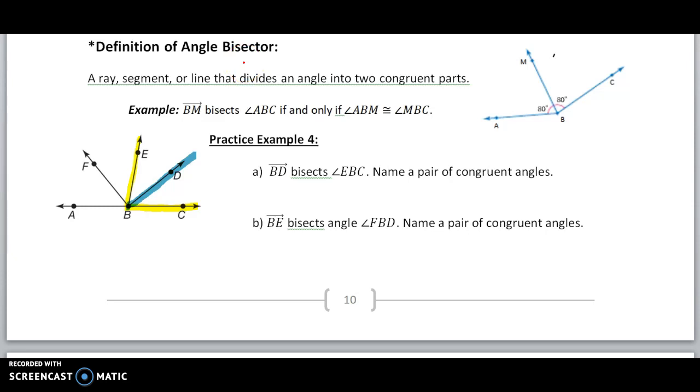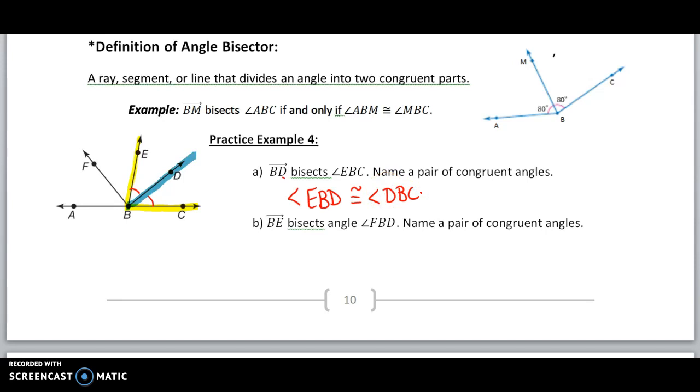The definition of angle bisector says that our angle bisector, in this case ray BD, cuts my original angle EBC into 2 congruent parts. So that means that I've got angle EBD, and that is congruent to angle DBC.